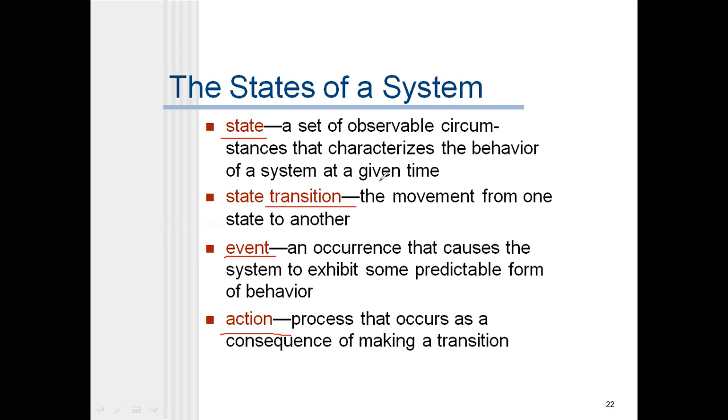Whichever actions the system is going to perform will be represented by using a state symbol, right? And state transition means the movement from one state to another state, which will be represented by using a single-headed arrow symbol.